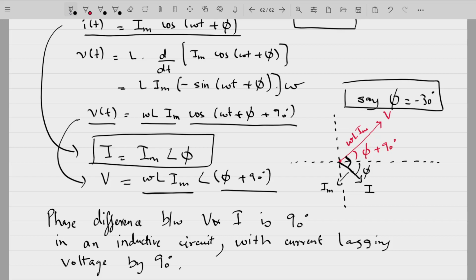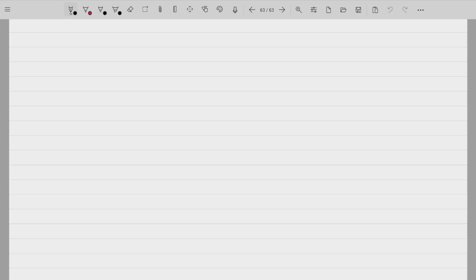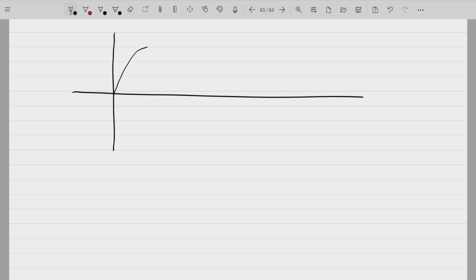Fine. So you can write it as voltage leading current by 90 degrees, or you can say current lagging voltage by 90 degrees. So for an inductive circuit, the current always lags the voltage. For a purely inductive circuit, the current always lags the voltage by 90 degrees. That means if we were to plot the sinusoidal waveform of this, if this is our voltage V, then our current will start 90 degrees after this.